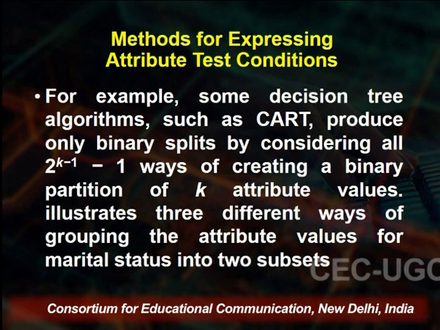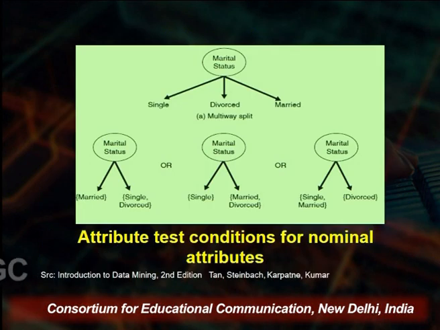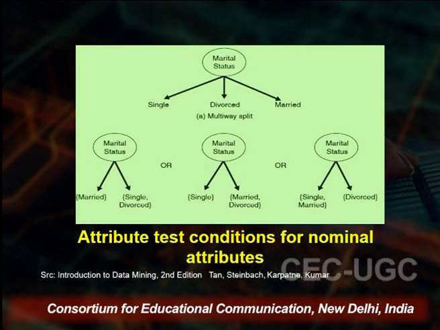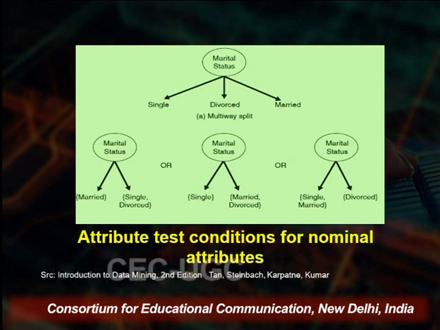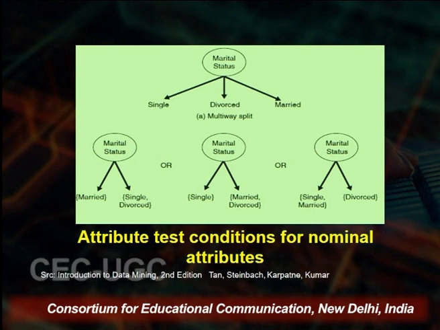So how are we going to do it for a two-way split? We have the nominal attribute, say marital status. This can have a multi-way split, which is the simplest, giving us 3 outcomes. But if we want to make it into a binary split, then how can we do it? We can have it in 3 different ways, because there are 3 different outcomes.